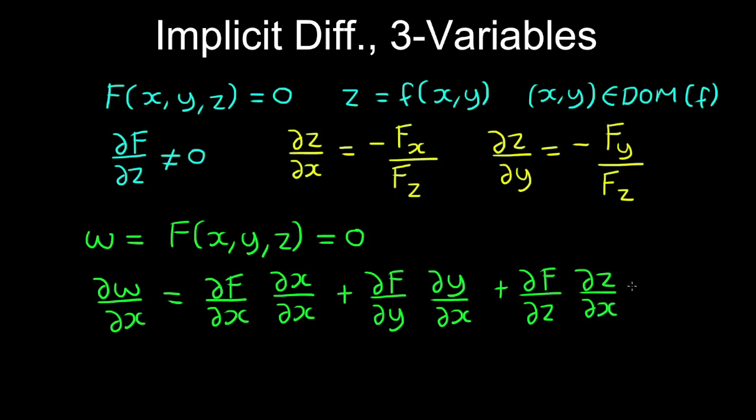And on the right hand side we have 0. Now the partial derivative of a function x with respect to x is 1, so we can get rid of this term. And by taking the partial of w with respect to x, we're treating y as a constant. So this derivative evaluates to 0. And then subtracting the partial of f with respect to x from both sides, and dividing through by the partial of f with respect to z, we get the partial derivative of z with respect to x.